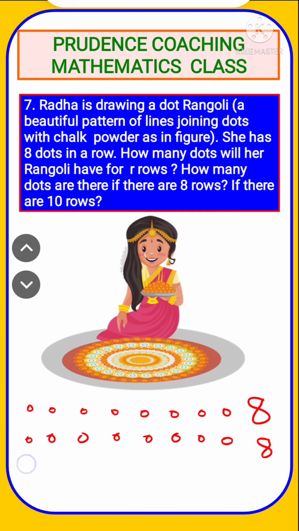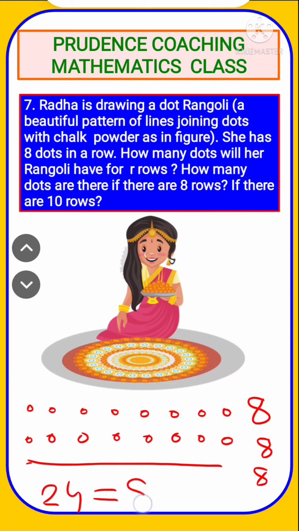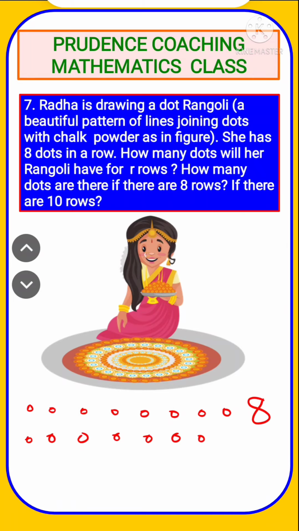Again, if we have 3 rows like this, so here also you will get 8 dots. So total you will get 8 plus 8 plus 8, that is 24. Or you can calculate it like this, that is 8 dots in a single row into number of rows, that is 3. So 8 into 3, 24. So this is the method as we have learned in the previous video as well. So here it is said that the number of dots is 8 in a single row and the number of rows is given to be r.